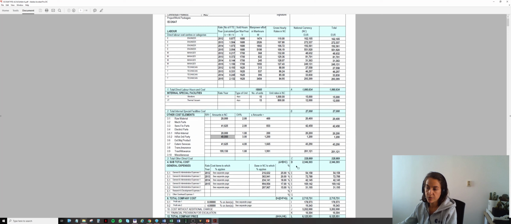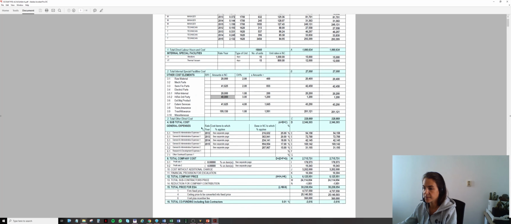Then we'll have an overview on the other costs listed by cost item. Finally, some section on the G&A, R&D, and other overheads. So this will be calculated as per the percentages that we've been including in our rates files, together with the profit.